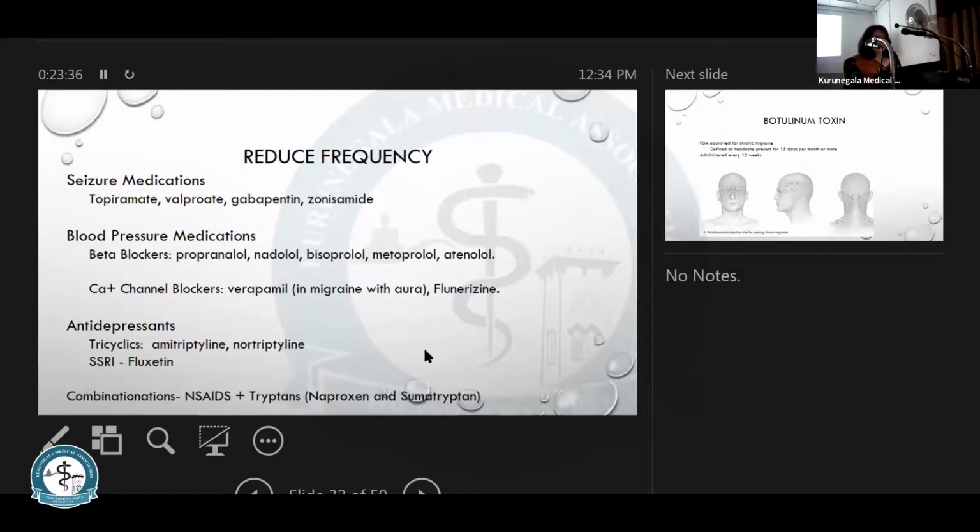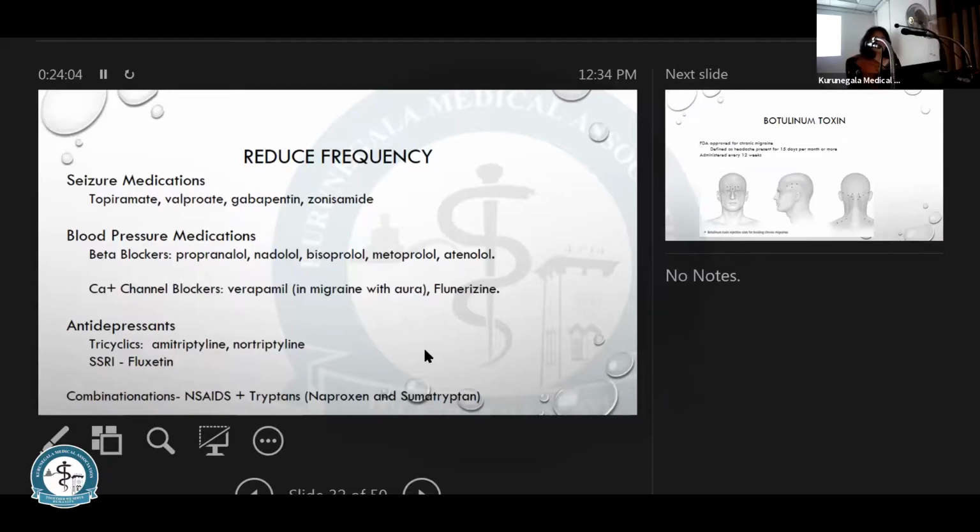So what are the drugs that we can use? The anti-epileptics like topiramate, valproate, gabapentin, and zonisamide, and the beta blockers can be used. The most commonly used is propranolol, but other beta blockers can be used. Calcium channel blockers wise, most commonly used in our setup is flunarizine, and verapamil is used in other countries where flunarizine is not available.